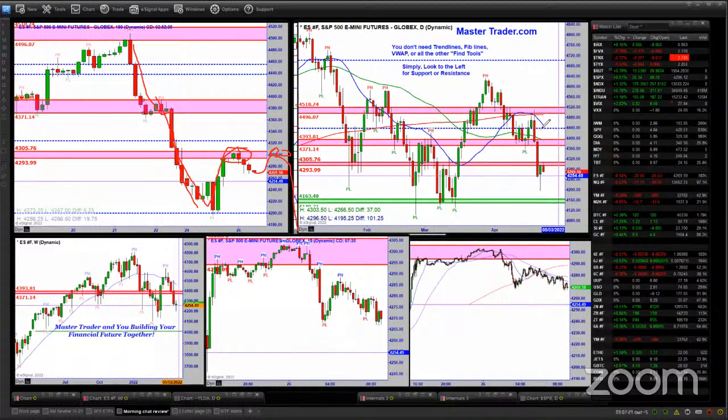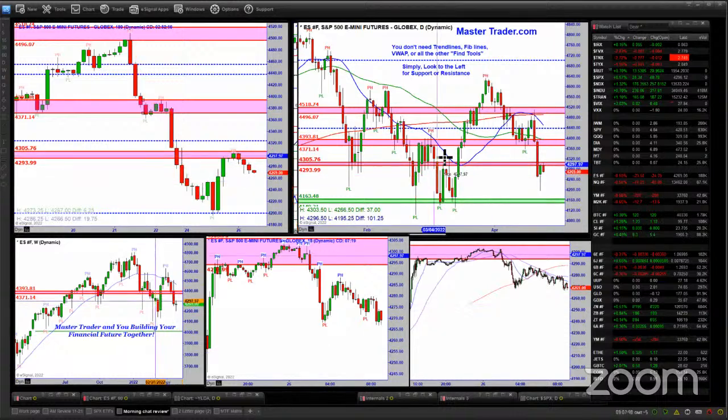Two big wide range bars historically result in lower prices. We've got this resistance area, support area down there, and we have to sit through whatever chop is going to occur to get that out of the way, for whatever move's going to happen.